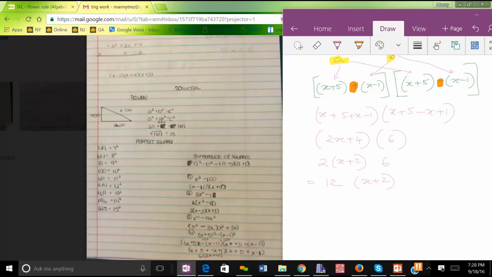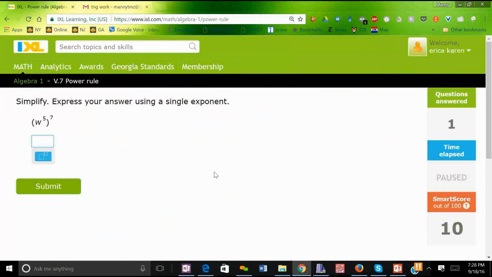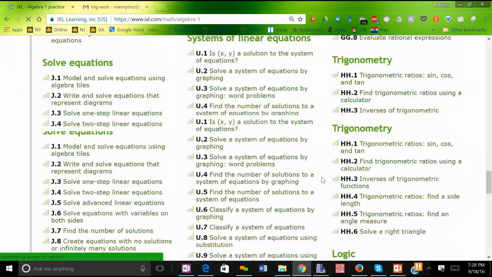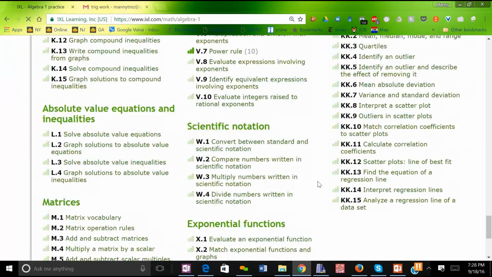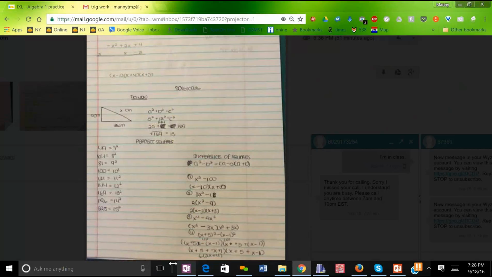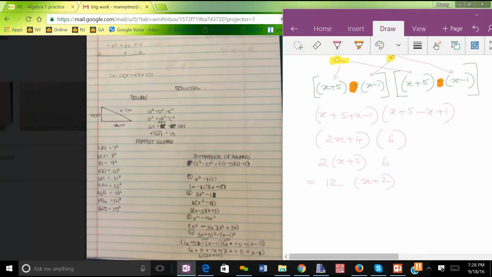So I want you to practice a few other sections also here. So you need to practice V7, and let me see what else I can give you so you can practice. You had a question on that last one. Oh, what is the question? Why can you take out another 2? Because 2x plus 4, you did not break it completely.